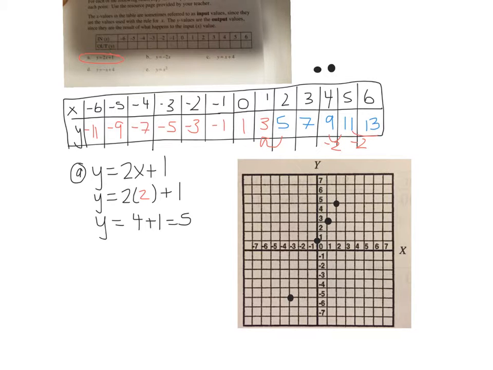Okay, now I'm going to try to draw this line, but we'll see how I do. If you take your pen and you draw a line through these points, you should see that it makes a nice long line.